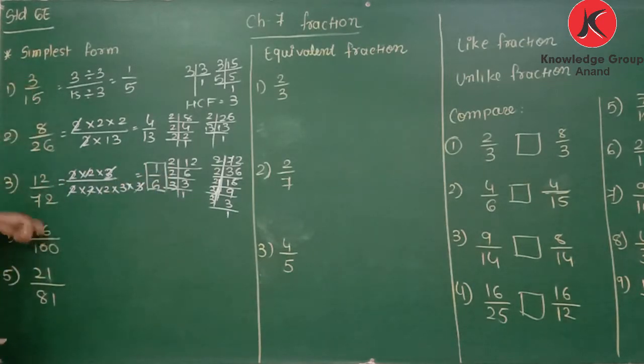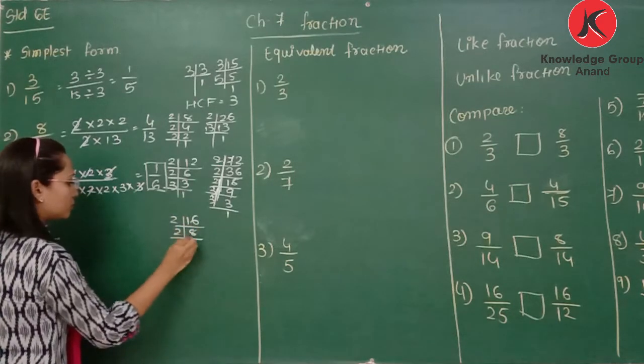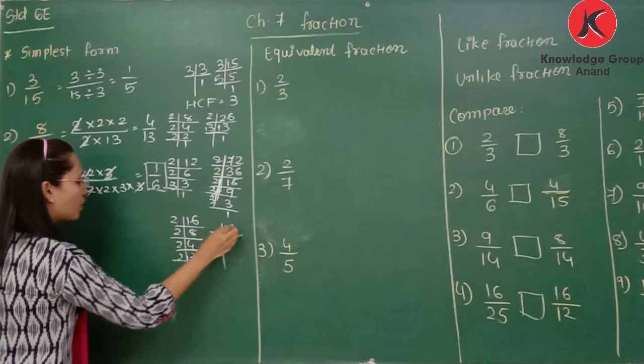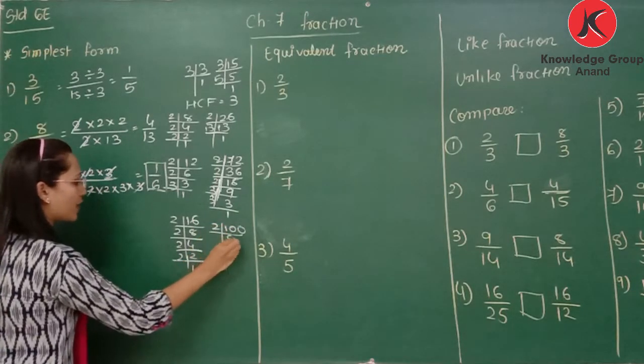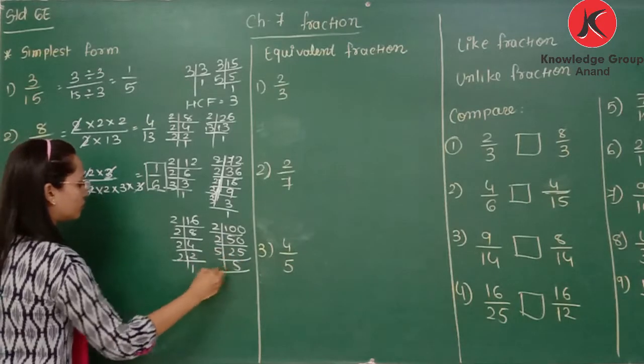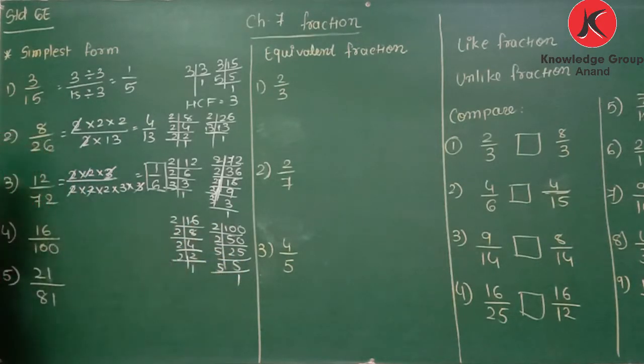Now we will solve this example with the HCF method. So find the factor of 16. Both methods are the same, so you can perform any one. But the most important thing is that you need to find the factor of the number. So these are the factors of 16 and these are the factors of 100.